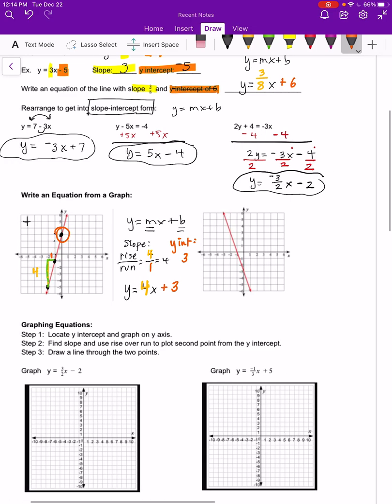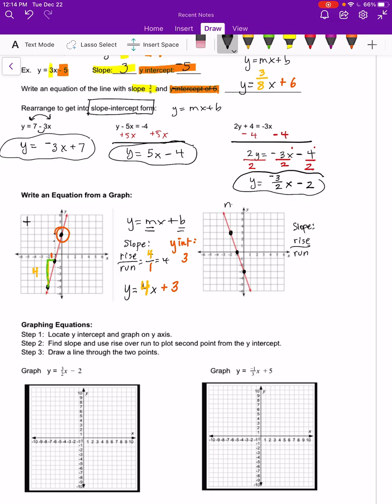Okay, next one. Again, no friendly points, so I have to find some friendly points. Looks like it goes through here at -3. Not friendly, not friendly. Here's a friendly one. Not friendly, not friendly, oh, here's a friendly one. Okay, so if I do slope, my rise over run, now notice the line.